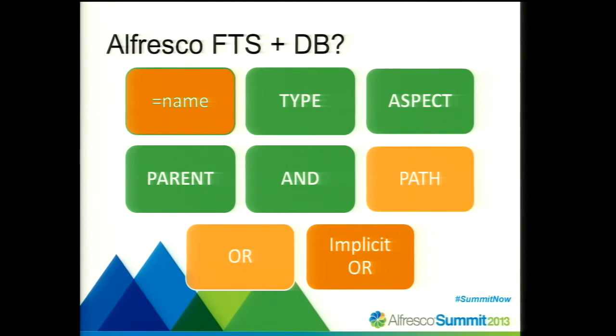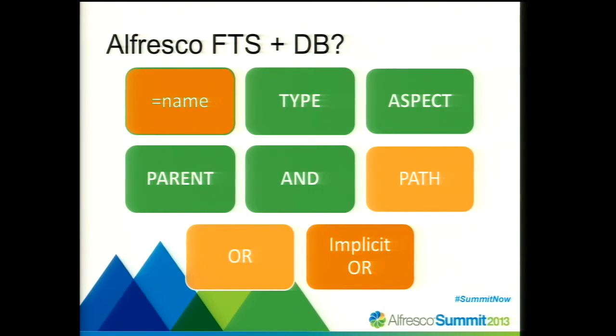And the orange is some kind of warning. It's not going to happen magically for you if you're searching against properties, searching against the metadata using Alfresco FTS. You have to make sure you put that equal sign in front of that. And that means you want an exact match. If you don't put it in front of there, the default is to do full text search. And that we don't support in the database, and so it won't go there.